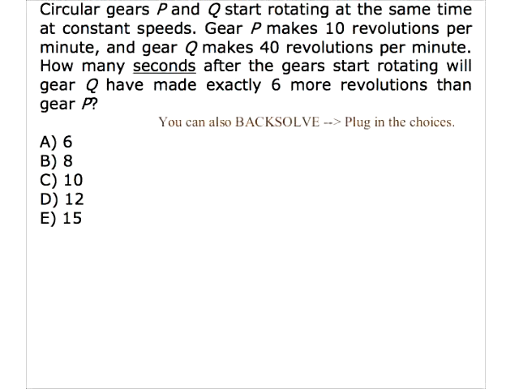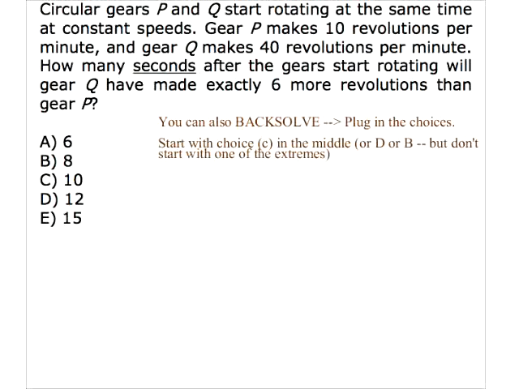Start with choice C in the middle, or D or B, but don't start with one of the extremes. Because if a middle choice is eliminated, you're getting rid of more possibilities. So remember that gear P is 1/6 revolution per second, and gear Q is 2/3.